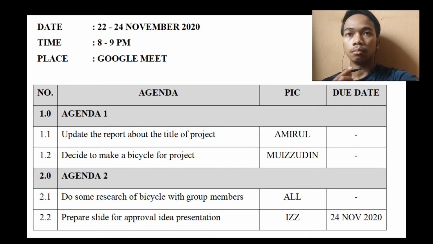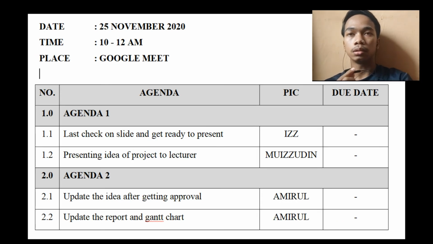For our third minute meeting, we had it on 25 November 2020, time 10 until 12 a.m. The platform is also Google Meet. The agenda for this meeting is we do a last check on the slides and get ready to present, which is explained by Daniel.